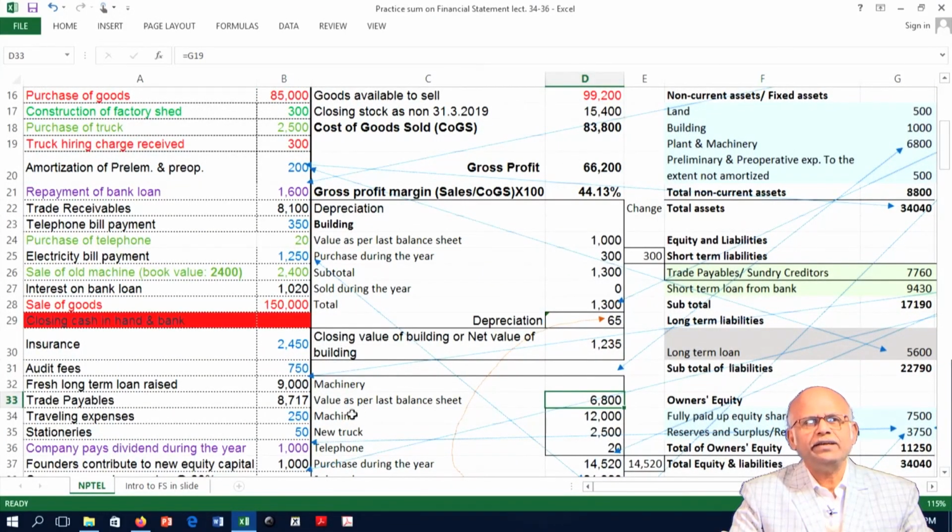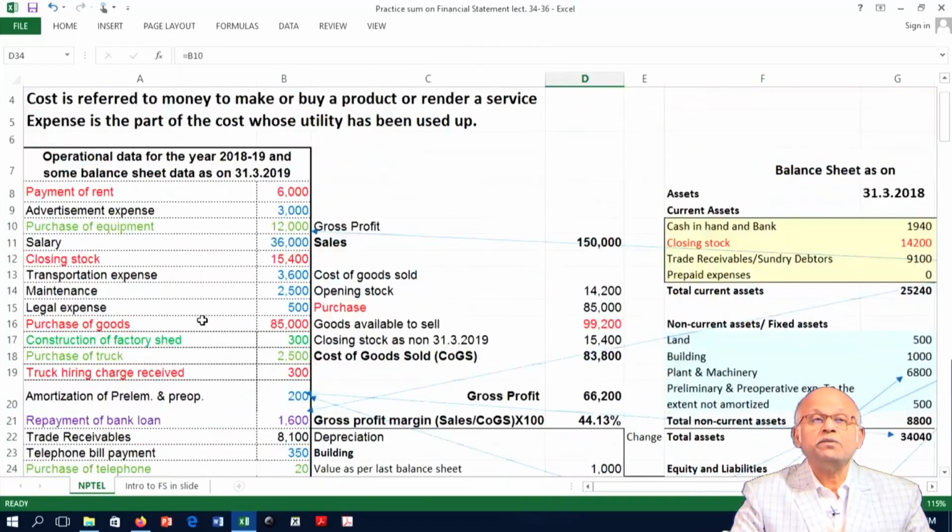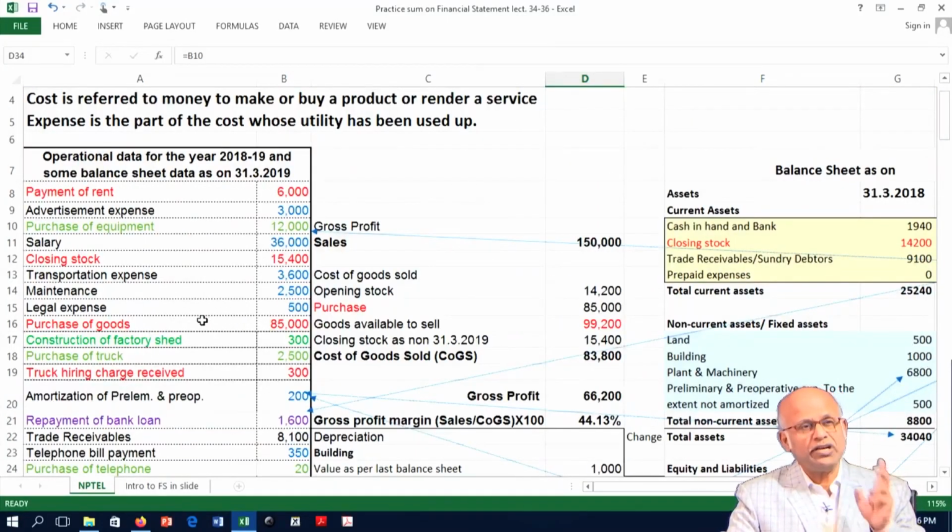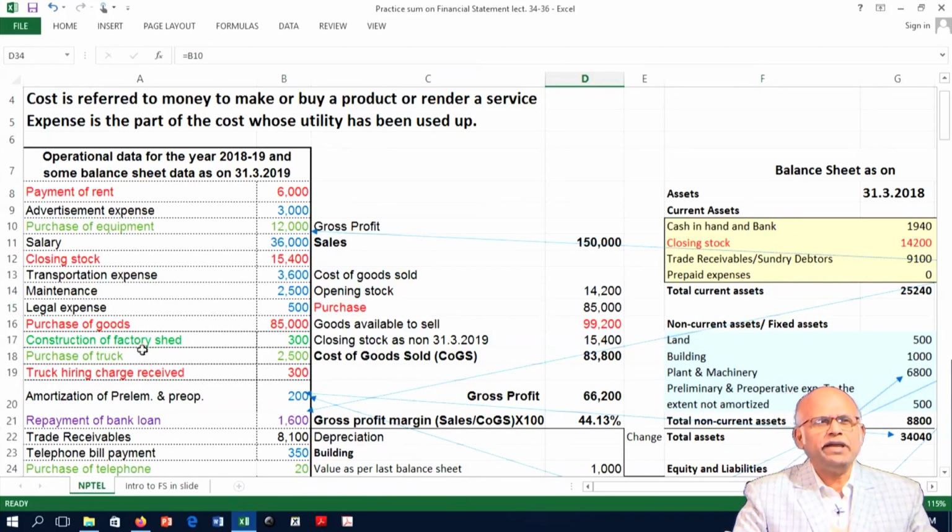Now, we are adding a new machine that is bought for 12,000 rupees. Then we have to see if there are any other machine kind of asset. A truck also is a machine, a telephone will be regarded as an asset, even a wall clock will be regarded as a machine, because we cannot have separate items that will clutter the balance sheet and profit loss account.